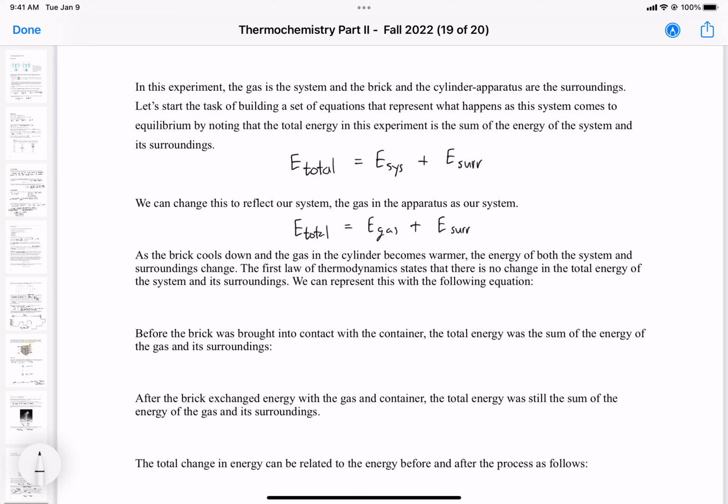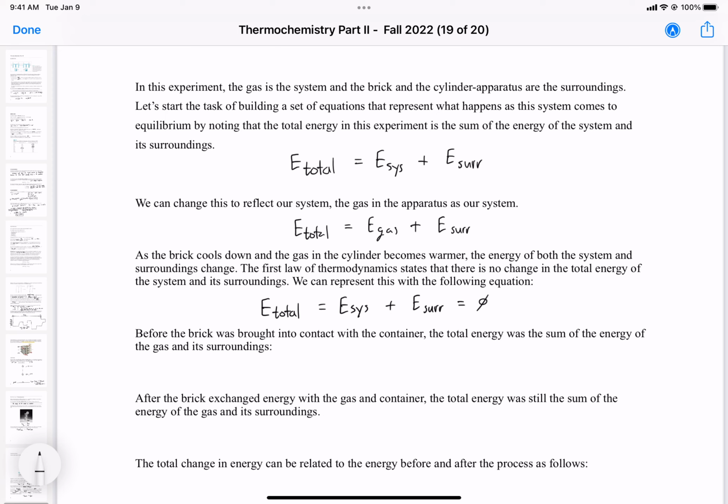So we can represent this with the following equation: E total equals E system plus E surroundings equals 0.